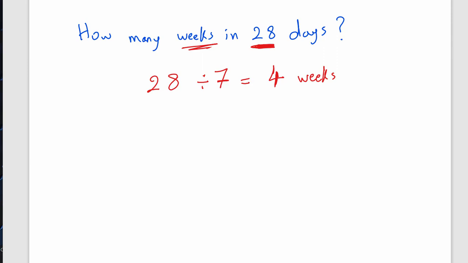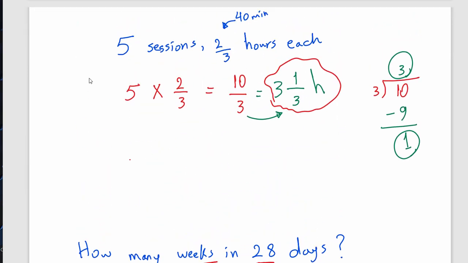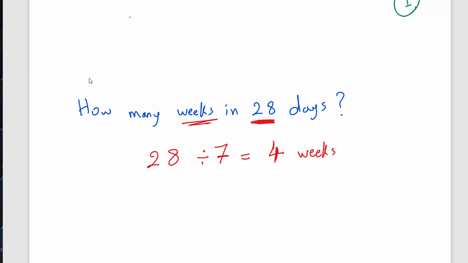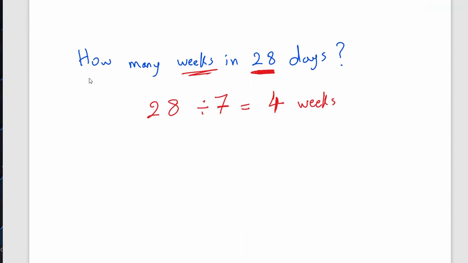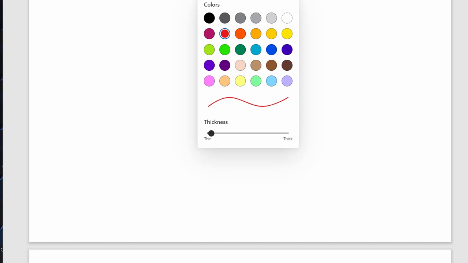Okay, my heroes. So, now you see that we can multiply the time and we can divide the time. Can we add and subtract time? Let's try it. Down here, let's write a question. I think we may need to use hours and minutes.